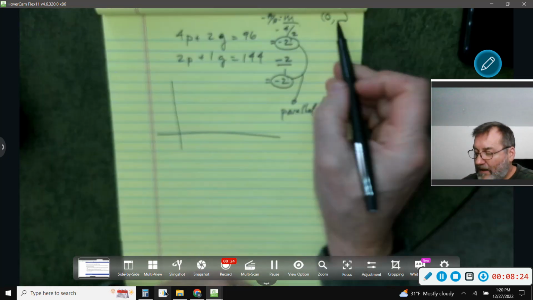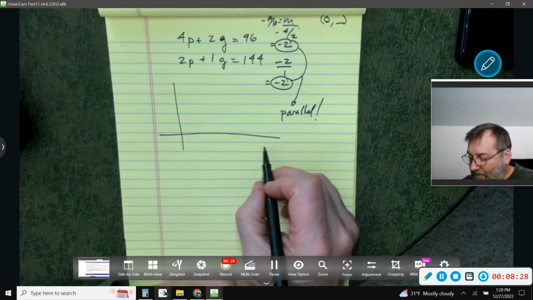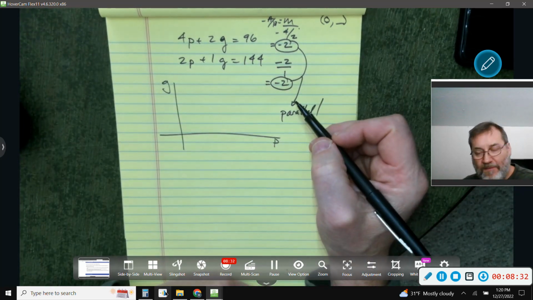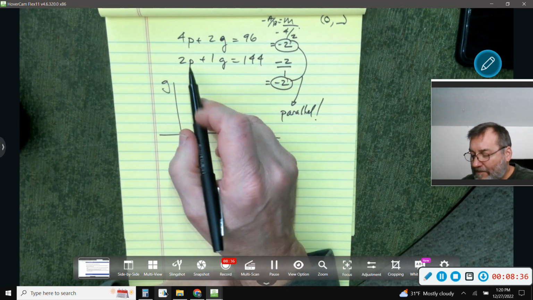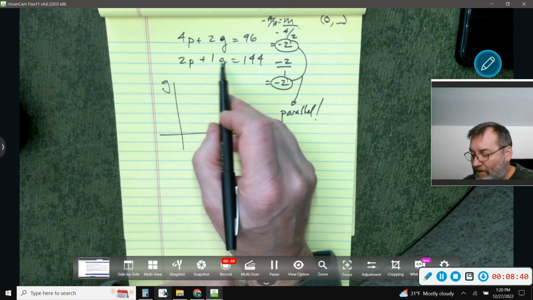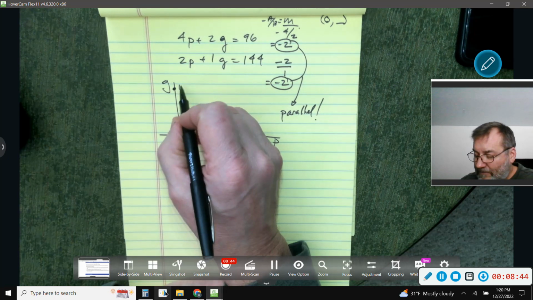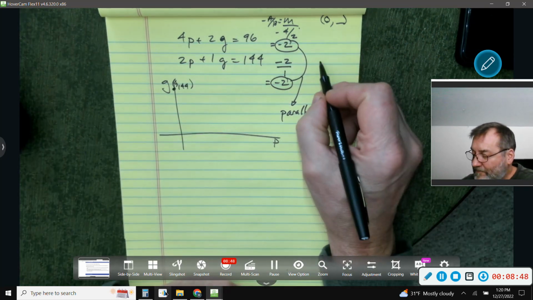Now let's try to find the y-intercepts. I'll put the p's down here for pool pass and the g's here for gym memberships. If I put in a 0 for p here, that's just 1g equals 144, so it goes through 0, 144.